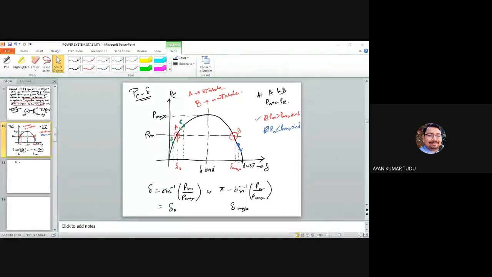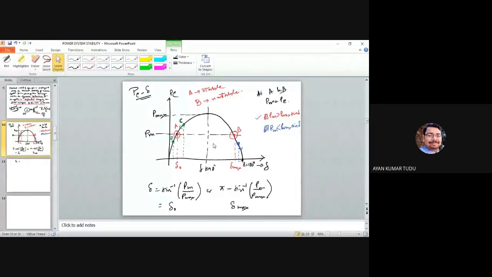Please listen carefully. We considered that Pm was our input mechanical torque. If we draw the Pe versus delta curve, that is the electrical output versus delta curve, this Pm line is taken to be constant.